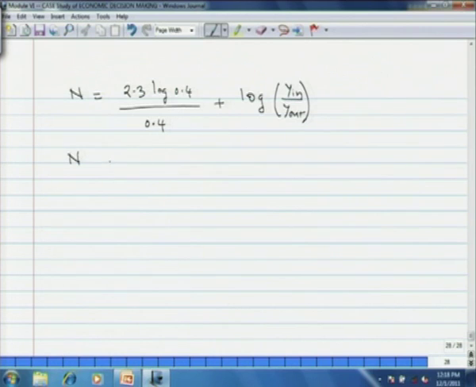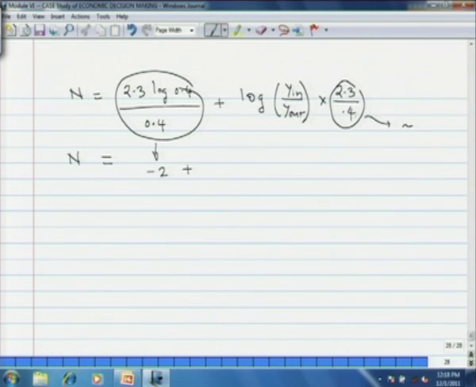Further simplification: here we have to multiply by 2.3 by 0.4, that we did not do. Now, this particular fraction comes out to be minus 2 approximately, plus 2.3 by 4, we can take approximately as 6, 6 log y in by y out.